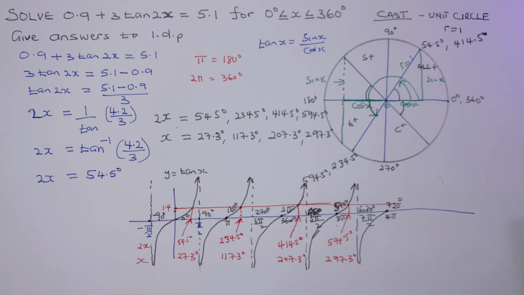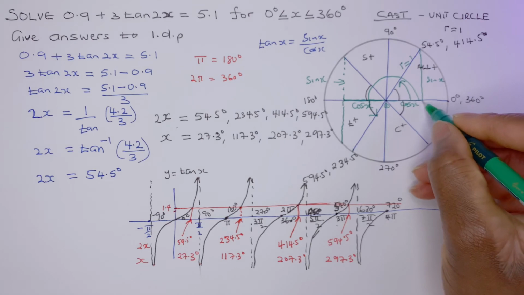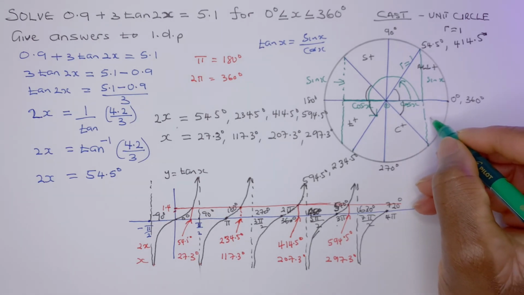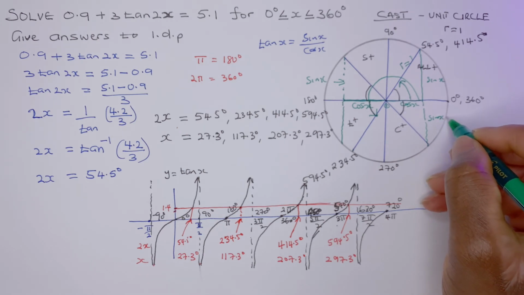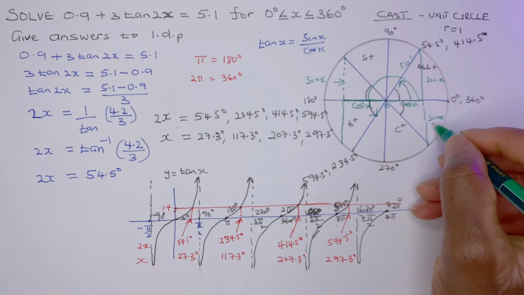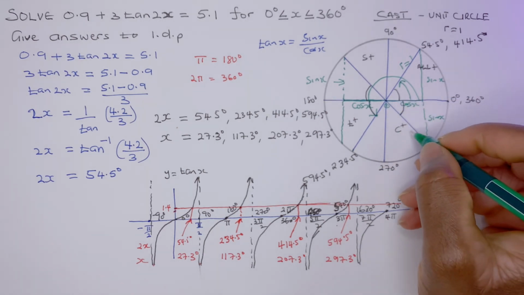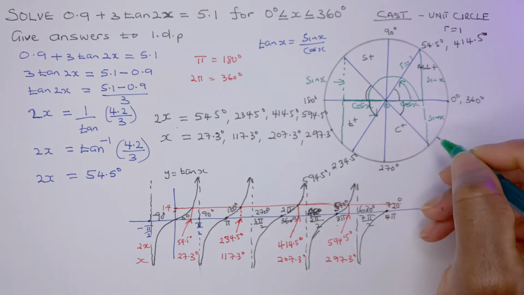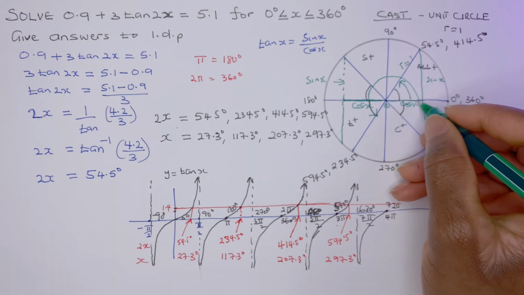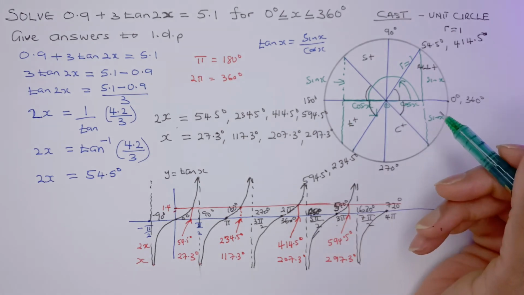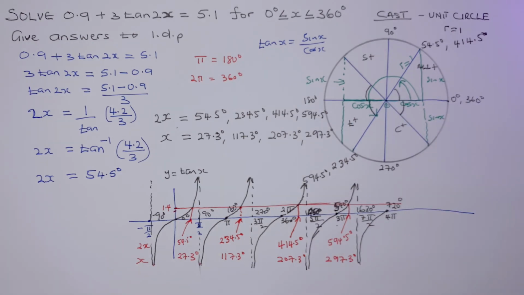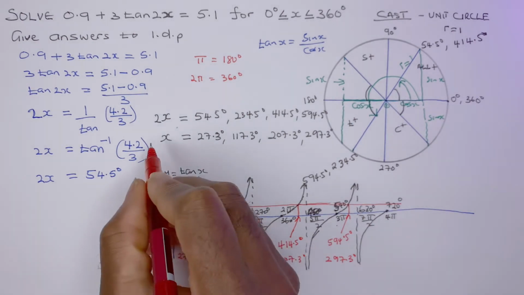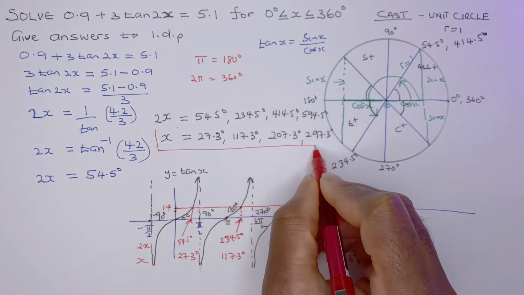So likewise here, if you trace that down, sine x is negative, cos is positive. Negative over positive will be negative for tan. Cos is positive here, cos is negative there. And so the solutions to our problem are those values here.